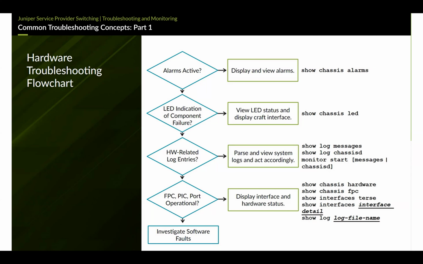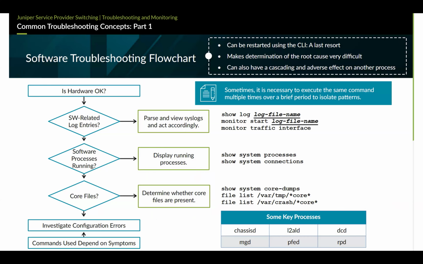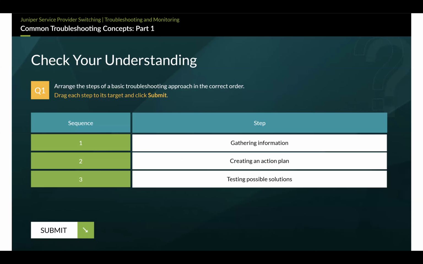So it's all about the hardware troubleshooting process. If your hardware is failing, then you can check this flowchart. If you think your hardware is okay, then you can check your software process. If your software is okay, then you can collect some records from interface statistics and some local resource utilization records for further troubleshooting.